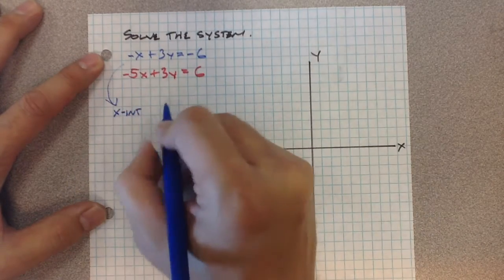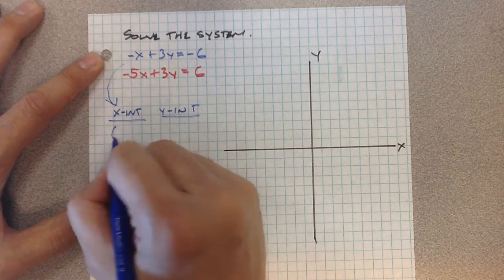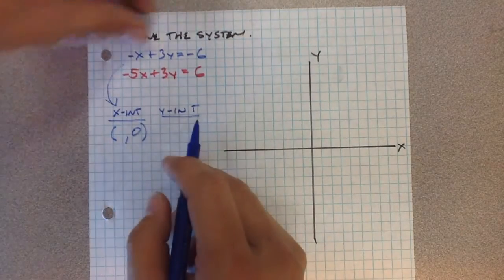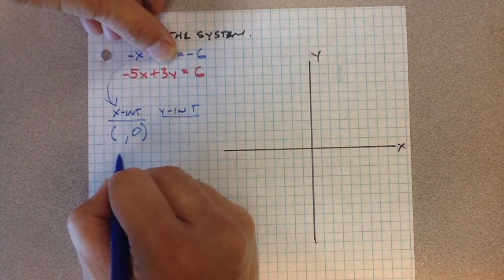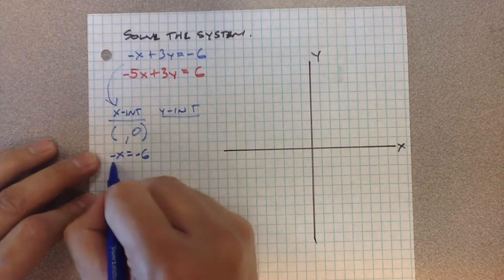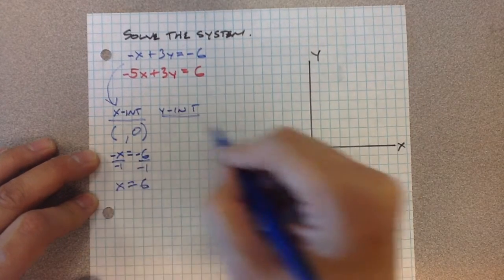For standard form, it's easier if we find our x and y intercepts by plugging in zeros. So for the x-intercept, plug a 0 in for y, which means 3y will disappear. And I get negative x equals negative 6, which if I divide both sides by negative 1 means x equals 6.